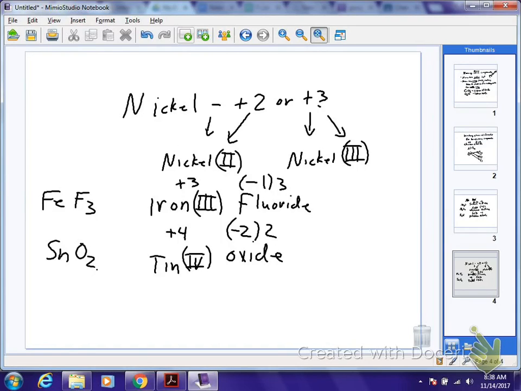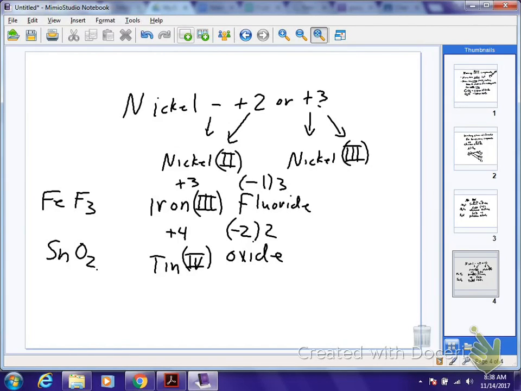So now the toughest part of doing all of these is if I give you a formula and you have to name one that has to have Roman numerals. When we do tests and quizzes, the most common mistake is that they do not do the Roman numerals correctly, or they don't even write them out. They know that it has variable charges, but they won't tell me the charge.